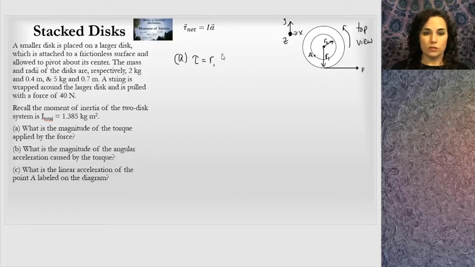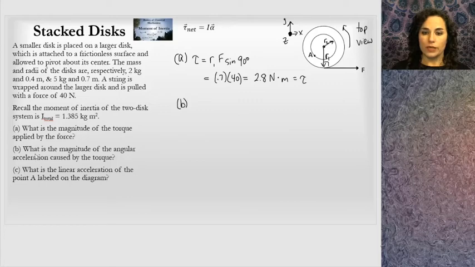The force is F, and the angle between them is a 90-degree angle, so I'm going to put sine 90 degrees here. So RF sine 90, sine 90 is 1, so I can put R times F here. The radius is 0.7. The force being applied is 40. And when I multiply those two together, I get 28 newtons times meters, and that's the torque being applied by this force.